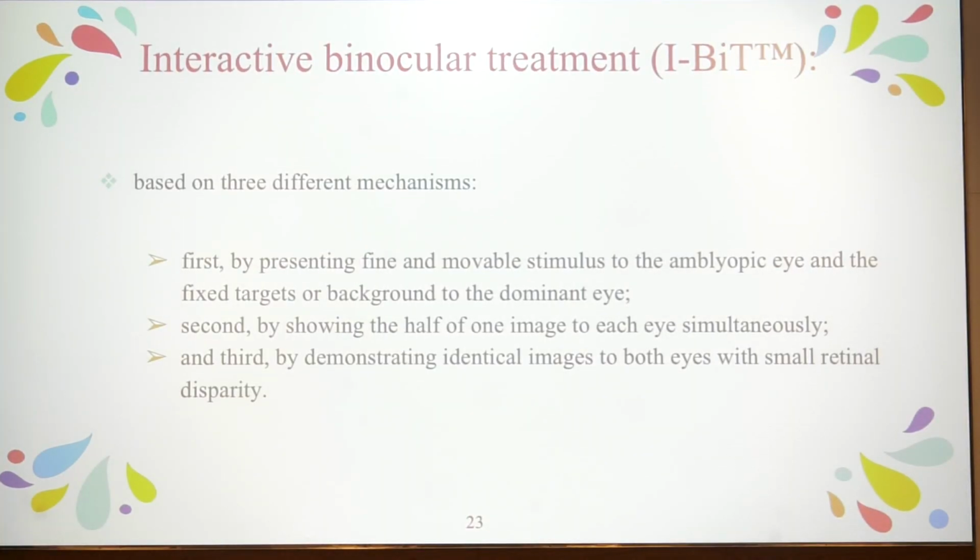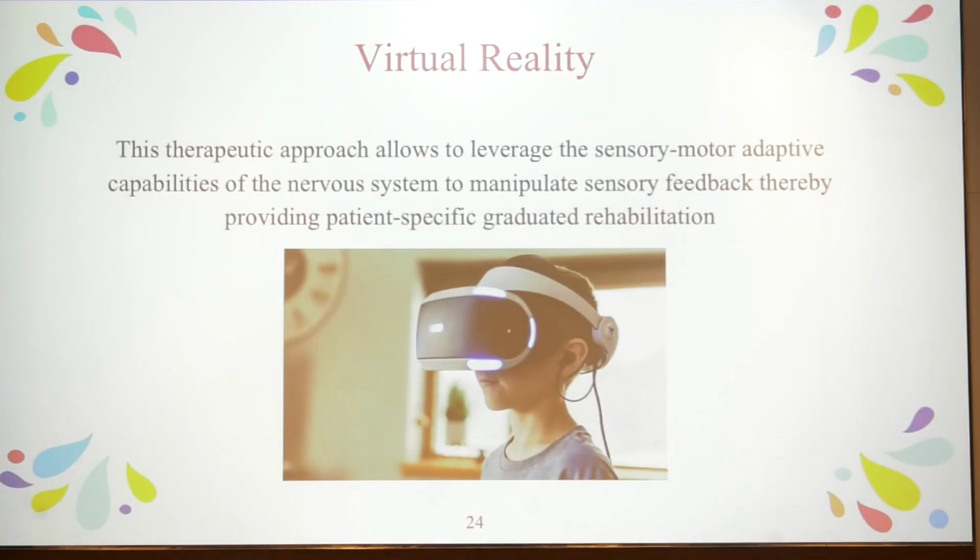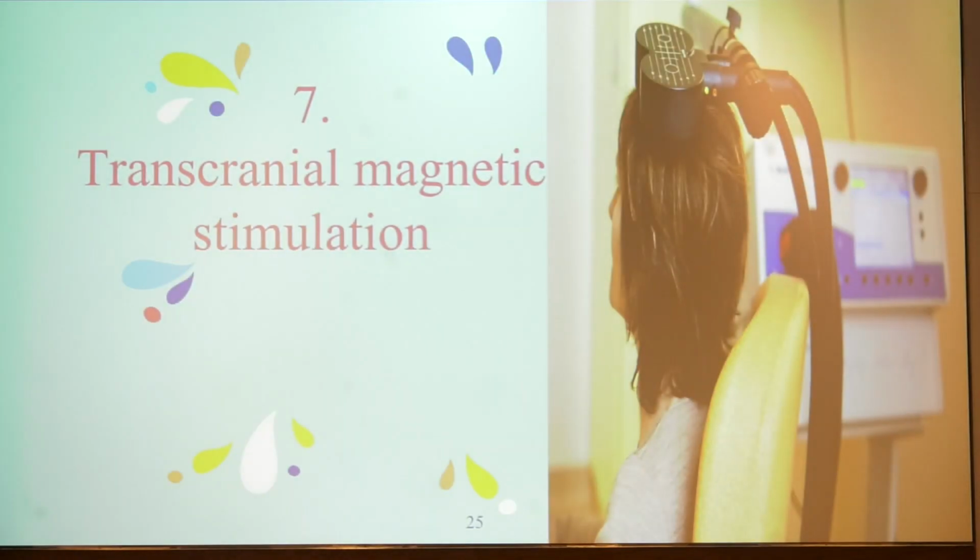Also, interactive binocular treatment is based on 3 different mechanisms: by presenting fine and movable stimulus to the amblyopic eye, by showing half of the image to each eye simultaneously, and third, by demonstrating identical images to both eyes with small retinal disparity. Virtual reality systems have also been used in the treatment of amblyopia. They are more acceptable to the kids, and the kids are really open to therapy by virtual reality systems.